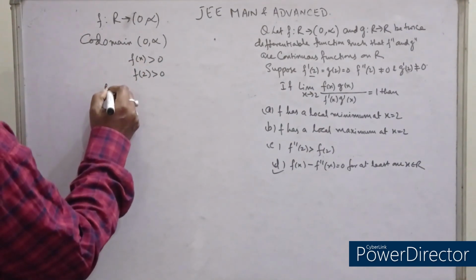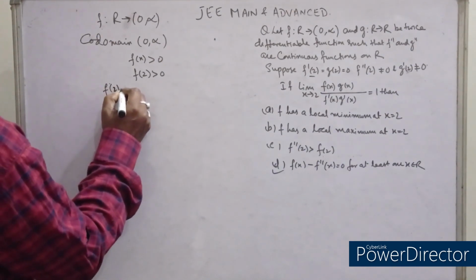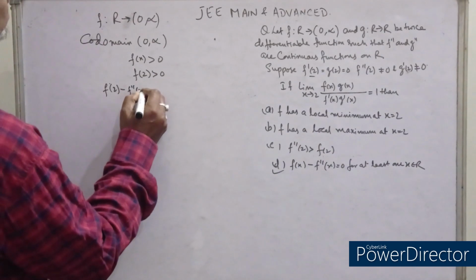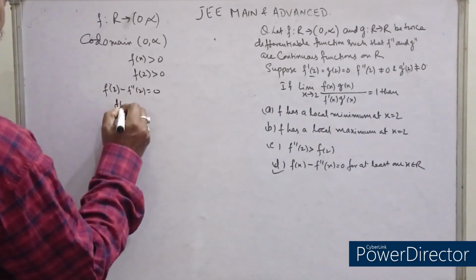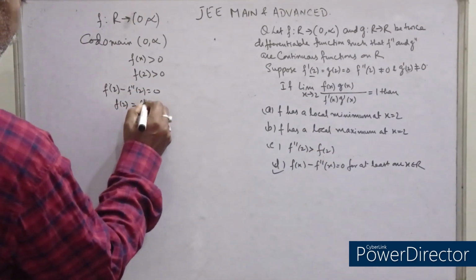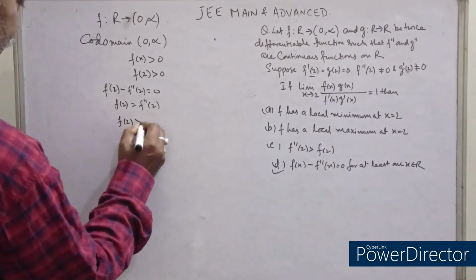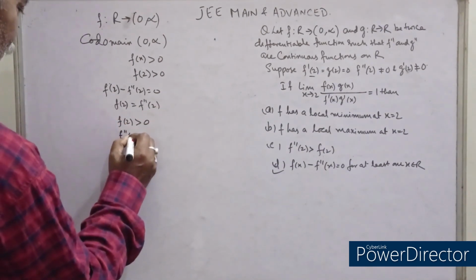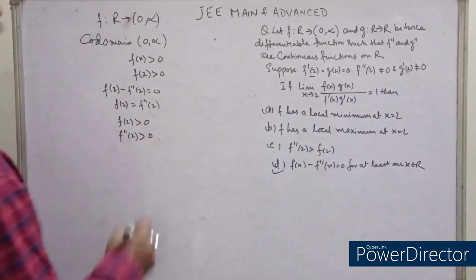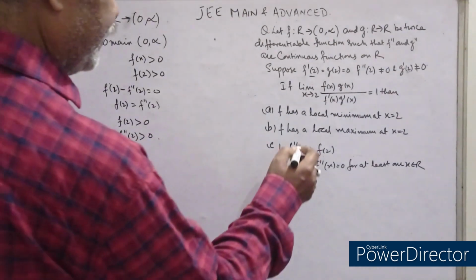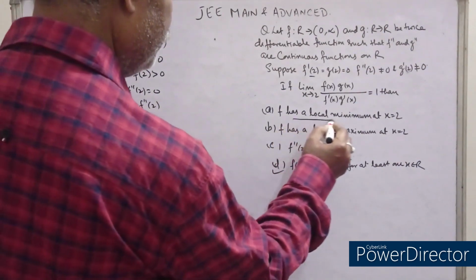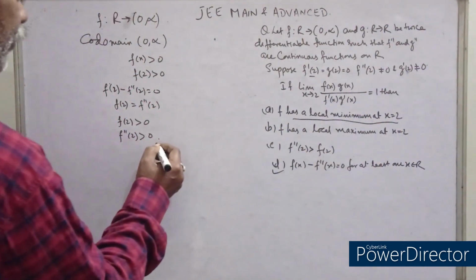We have got that f 2 minus f double dash 2 is equal to 0, that means f 2 is equal to f double dash 2. Since f 2 is greater than 0, f double dash 2 is greater than 0, so it has a local minimum at x equal to 2.